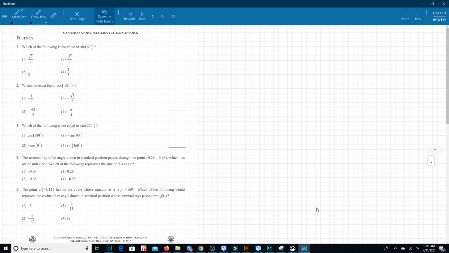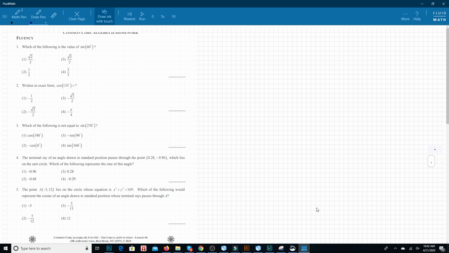So now, 4 says the terminal ray of an angle drawn in standard position passes through the point 0.28, comma, negative 0.96, which lies on the unit circle. Which of the following represents the sine of this angle? Keep in mind what the sine is.